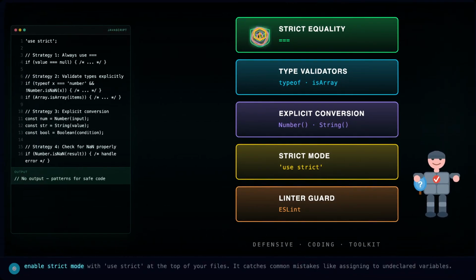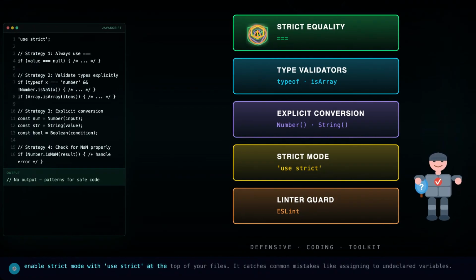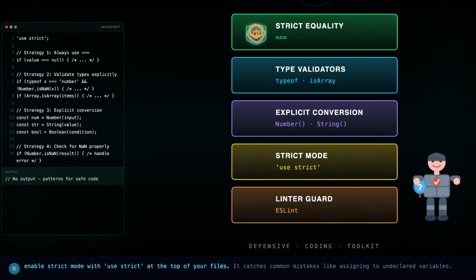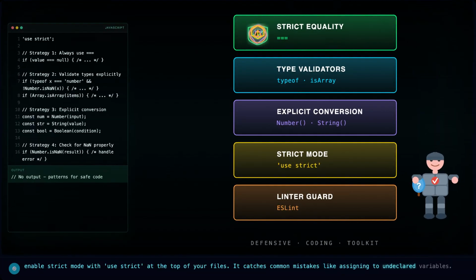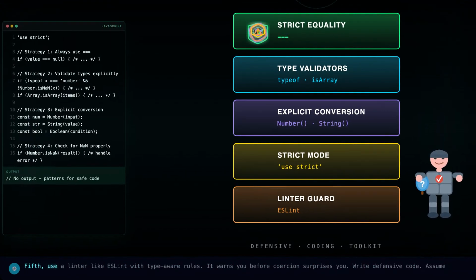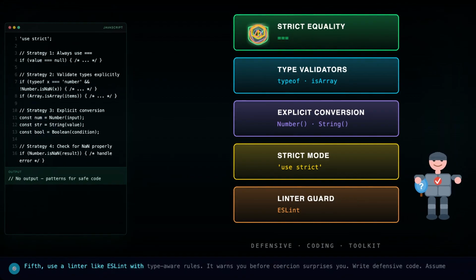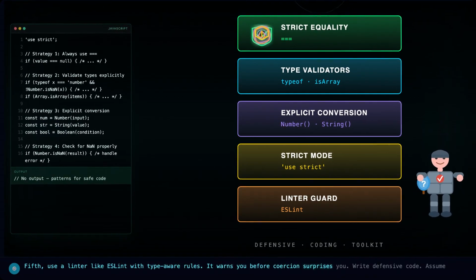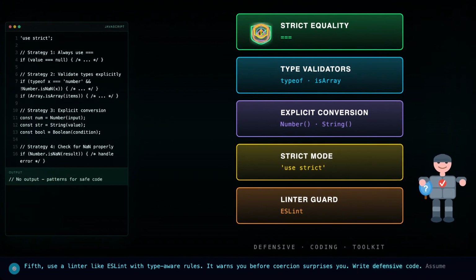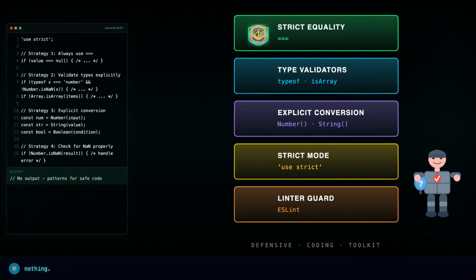Make your intent clear. Fourth, enable strict mode with use strict at the top of your files. It catches common mistakes like assigning to undeclared variables. Fifth, use a linter like ESLint with type-aware rules. It warns you before coercion surprises you. Write defensive code. Assume nothing.